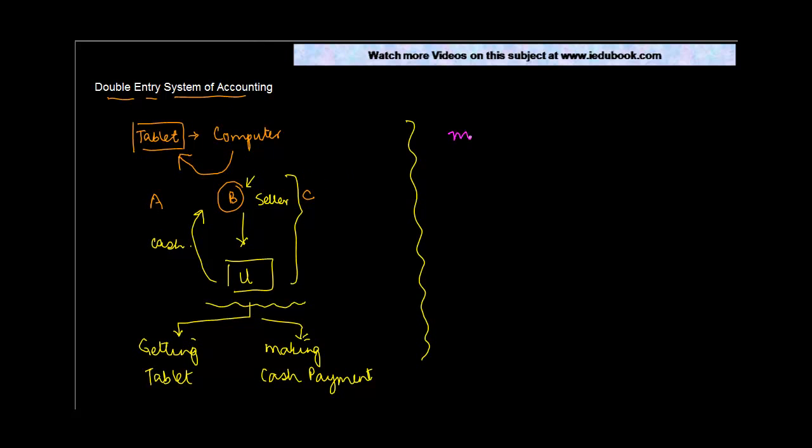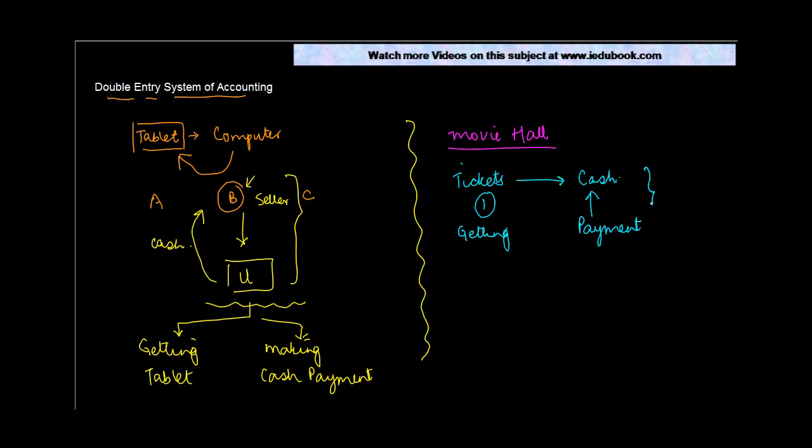You go to a movie hall and you purchase some tickets. You get the tickets and again you pay cash. So there are two aspects. One, you are getting the tickets, and second, you are making the payment in cash.